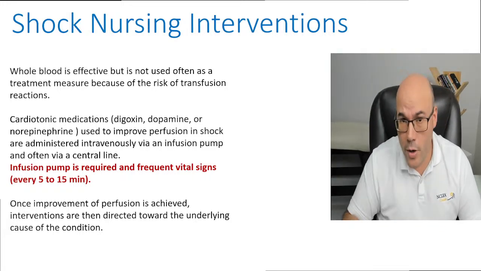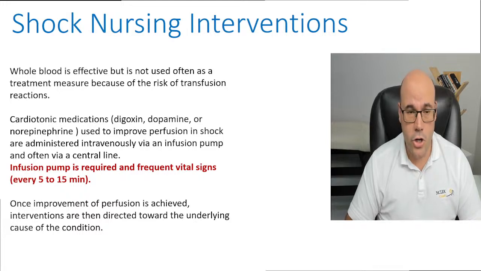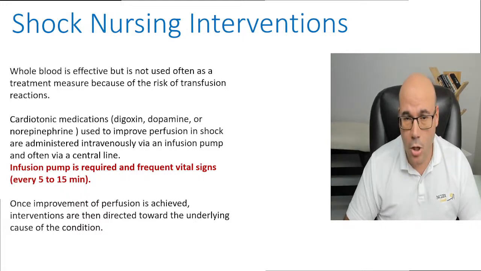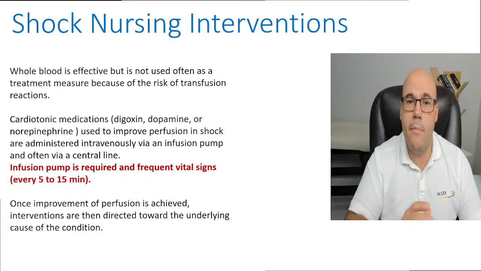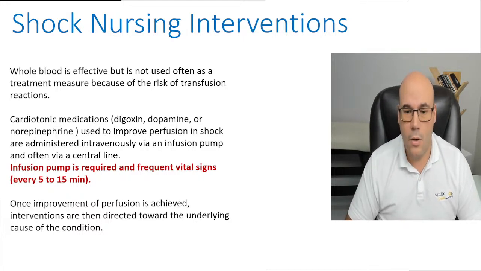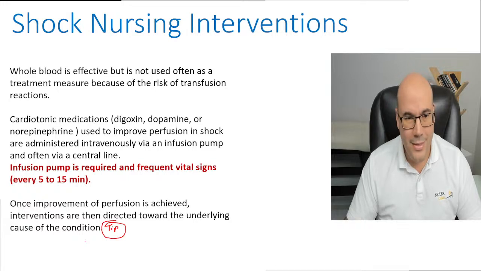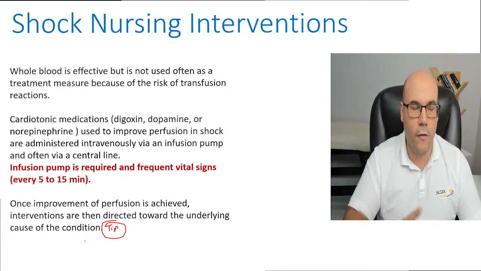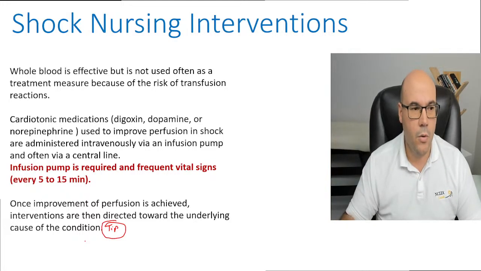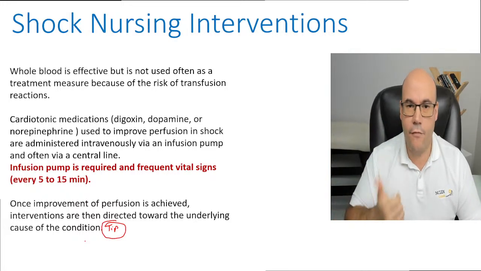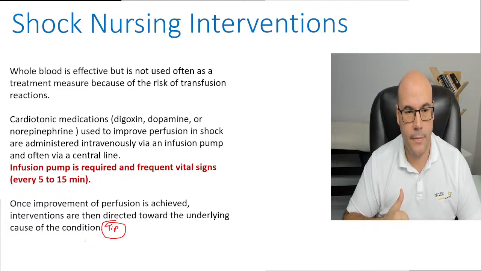Are you going to give fluids? Are you going to collect a blood culture? Or are you going to administer antibiotics? Well, according to this last tip, so this is an NCLEX tip, the priority number one is improvement of tissue perfusion with fluids and vasopressors in a septic shock.